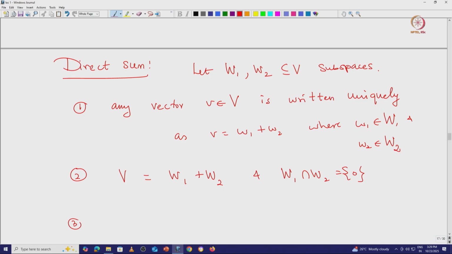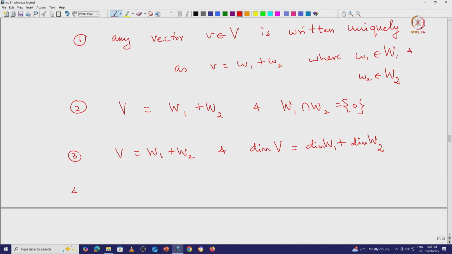The third definition one can write in terms of the dimensions: V equal to W1 plus W2 and the dimension of V is equal to the dimension of W1 plus the dimension of W2. So, all these statements are equivalent.